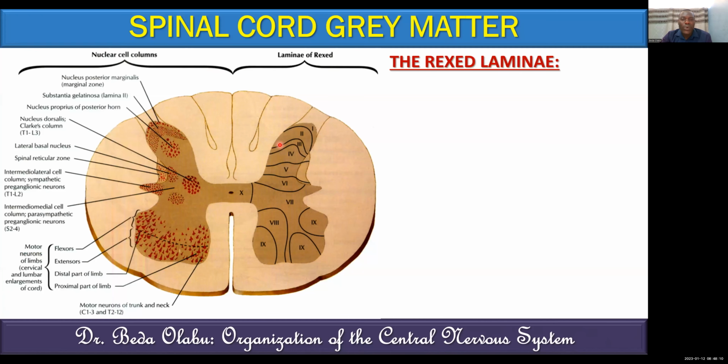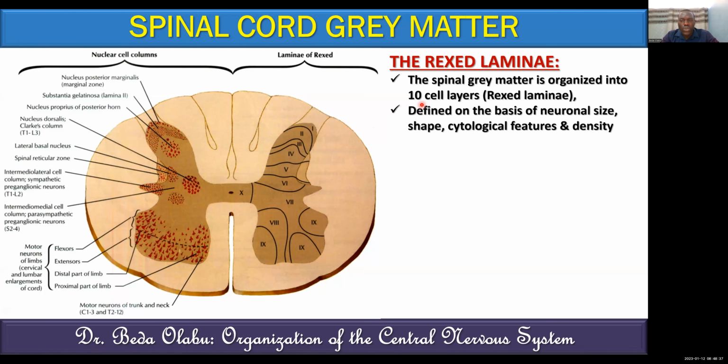Now let's talk about what we call the Rexed laminae of the spinal cord gray matter. The spinal cord gray matter can be described into 10 different histological layers or 10 different laminae. These laminae are termed the Rexed laminae.